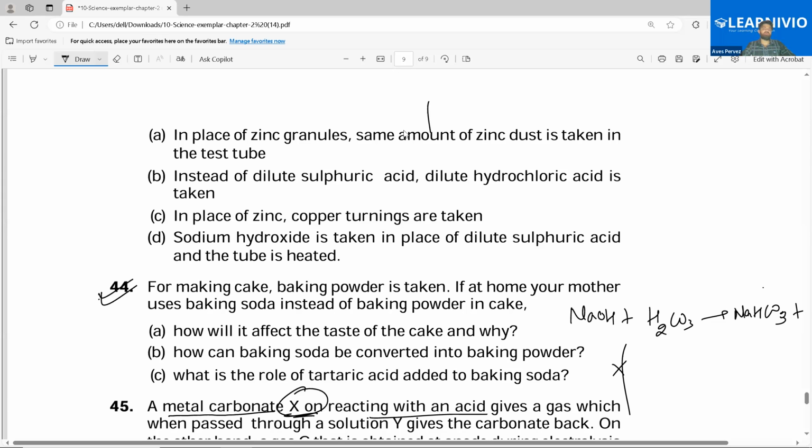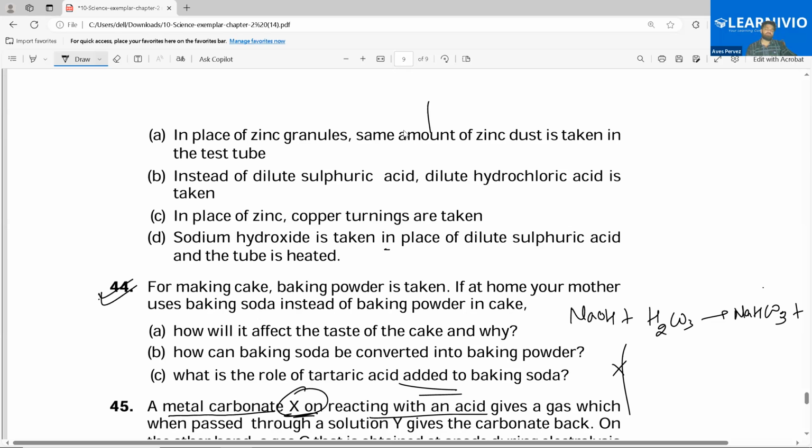Gianna, can you tell me what is the role of tartaric acid in baking soda? When tartaric acid is added to the baking soda, it neutralizes the sodium carbonate, and also the cake will not taste bitter.